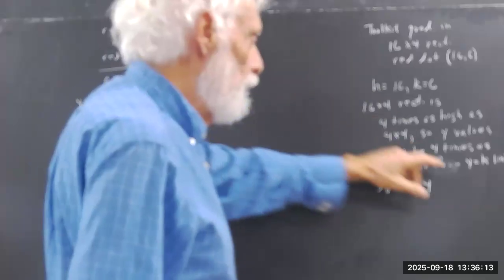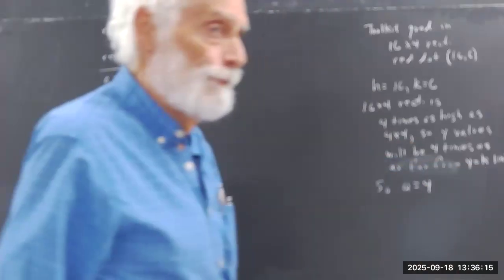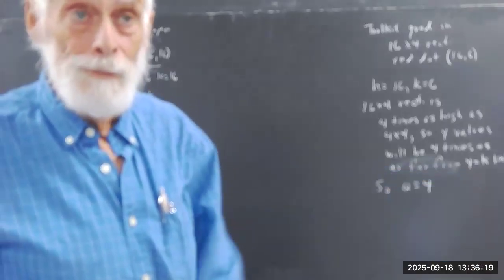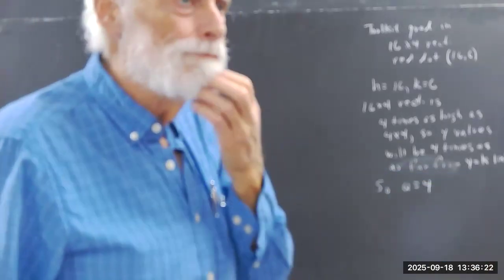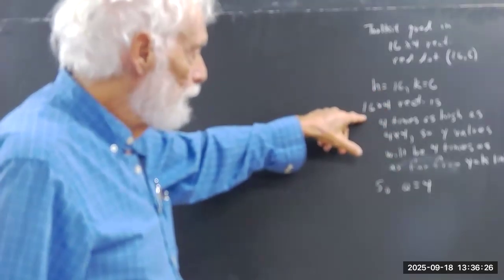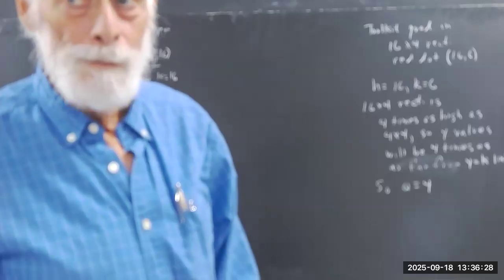They're actually 4 times as far from the line y equals k, the horizontal line through the red dot. And we'll see that. If this thing's 4 times as high, a is 4.